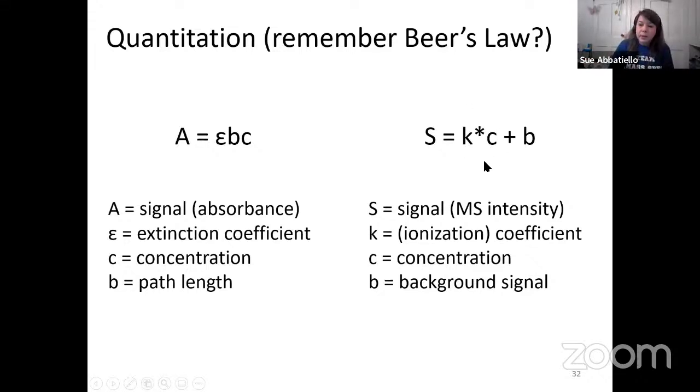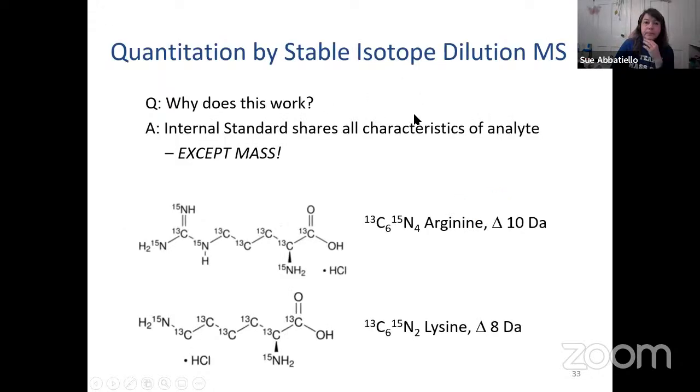And so this is where using the labels helps us to overcome this ionization issue, particularly if we use labels that are for the same peptide, but label them a little bit differently. So this is one example where we use stable isotope dilution, and we have these amino acids in the peptides we're looking at. Trypsin clips at lysine and arginine on the C terminus.